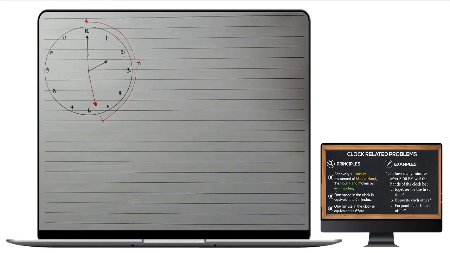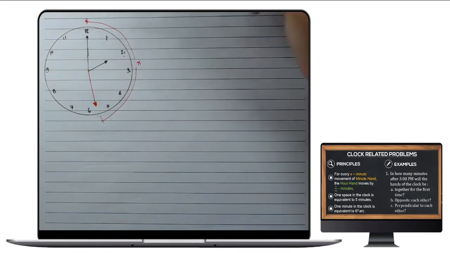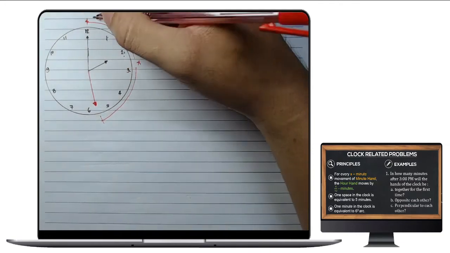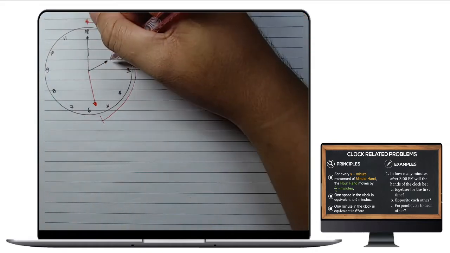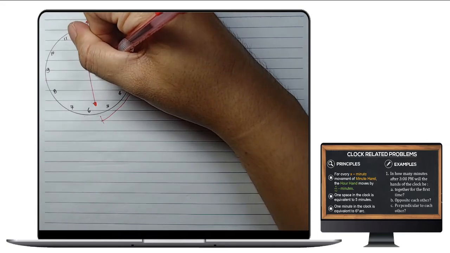So using principle number 1, correspondingly, if the minute hand moves by x minutes, surely the hour hand will move by x over 12 minutes. Kasabay niyang nag-move. So from here, nag-move din siya, let's say bumaba siya ng konti.